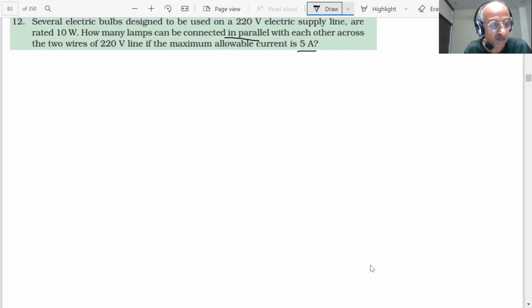Several electric bulbs, not one, and they are all rated 10 watt. You have 2 to 3 minutes to answer the question, students, before I take over. It is important to think about the demand of the question.